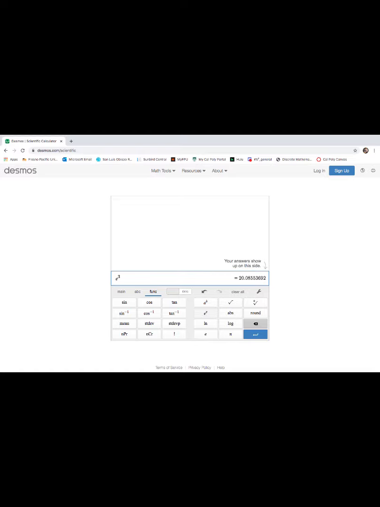I get 20.08554 because I'm rounding to 5 decimal places. Then part B, I have 2e^(-0.53), which is 1.17721. And then I have e^4.8, and that's 121.51042.